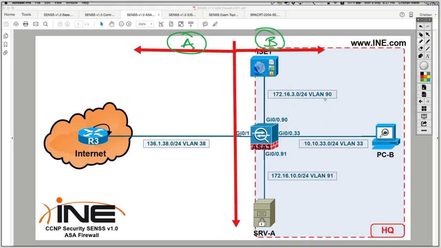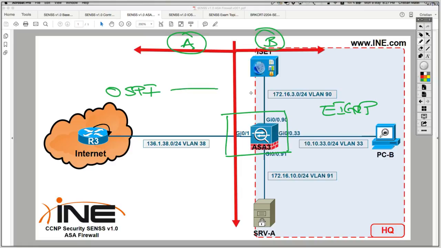Company B runs EIGRP internally. Company A runs OSPF internally. And this is our border device, let's say. The ASA is connected to both enterprise A and B, which means the ASA has to do redistribution back and forth between OSPF and EIGRP.